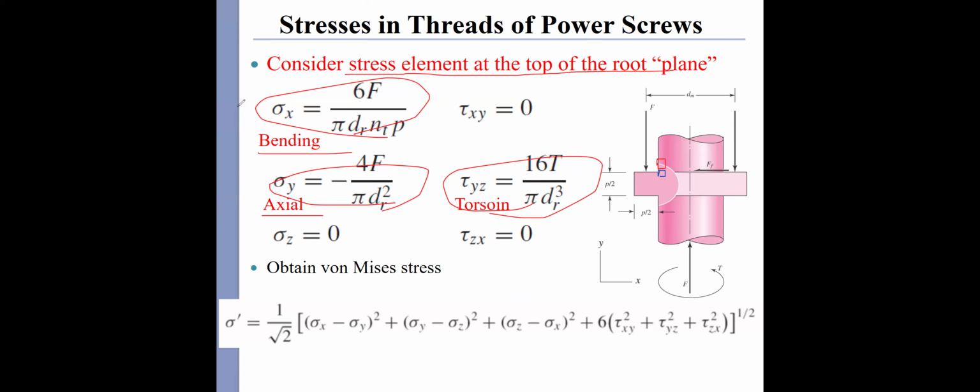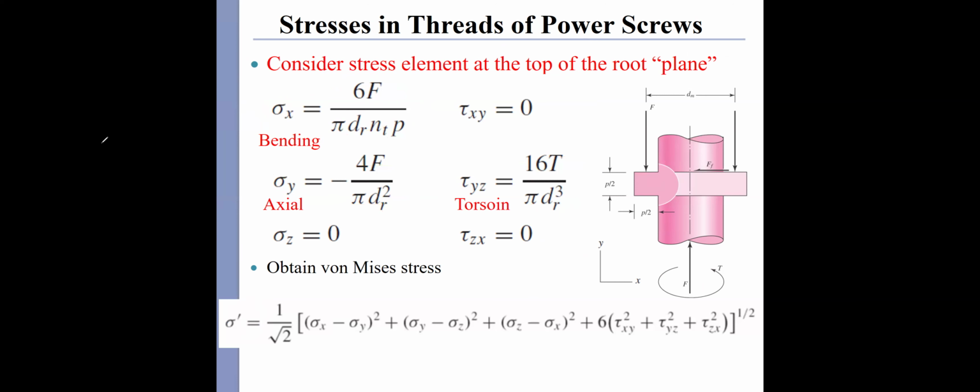So we can apply those stresses to get sigma prime, the von Mises stress. From sigma prime, we can use any failure criteria to define its safety factor.